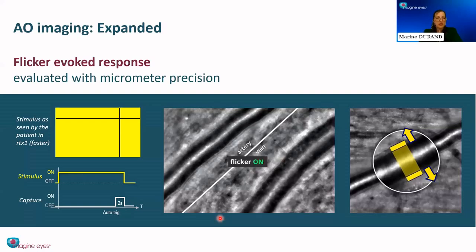At Karlsruhe Hospital, in a preliminary project, some first results have showed that flicker-induced response could be measured with micrometric precision with the RTX1. So, Carolina, you have started also experimentation with the flicker feature in RTX1 at your center in Italy. What do you expect from this assessment of neurovascular response for your field?